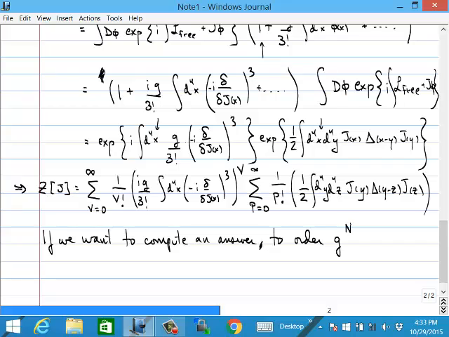So let's say you only care about something that's of order g to the n. So if g is a small parameter, then that would be a good approximation if n is large. Then we only include terms with v less than or equal to n.